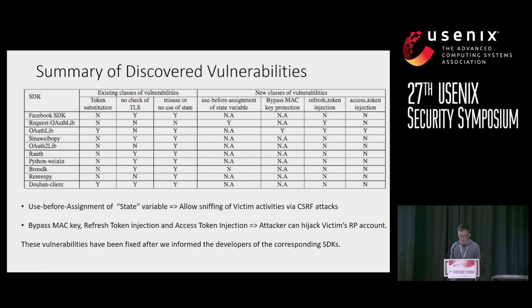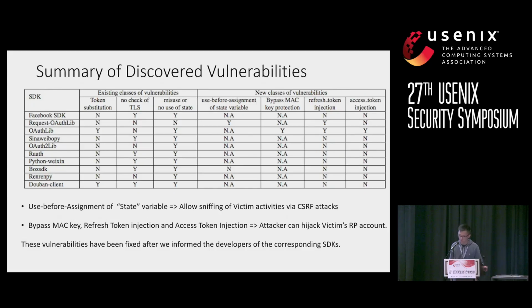Here are the vulnerabilities that we found. Existing classes of vulnerabilities include token substitution, no check of TLS, misuse of state or no use of state parameter. The new vulnerability types include use before assignment of state parameter. This could allow sniffing of victim activities by cross-site request forgery.